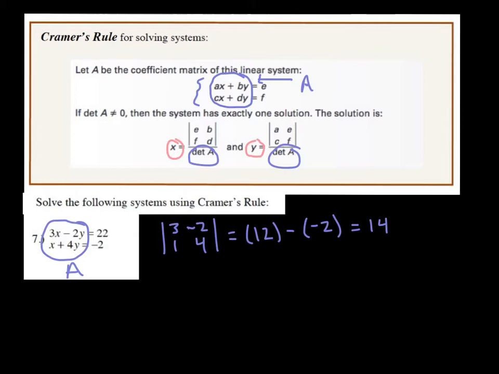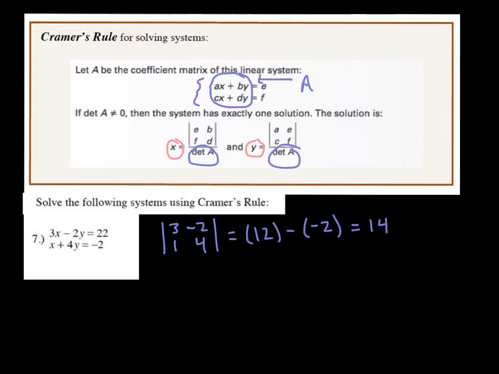So let's solve for x first. We don't use the coefficients in front of x. We replace those with what our equation is equal to.